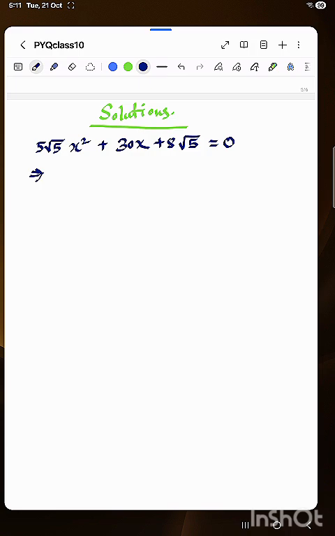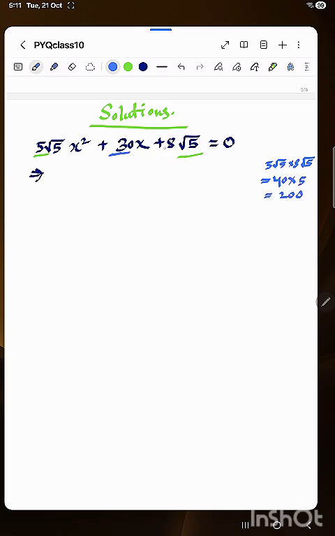So we can do middle term factorization. Here our terms are 5 root 5 and 8 root 5, right? 5 root 5 and 8 root 5 means this is 40 into 5, so this is basically 200.